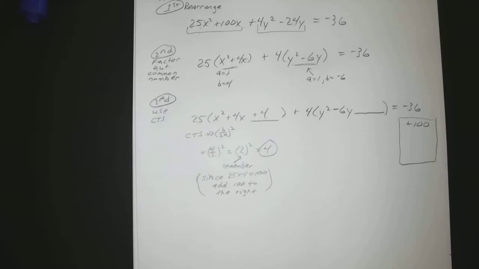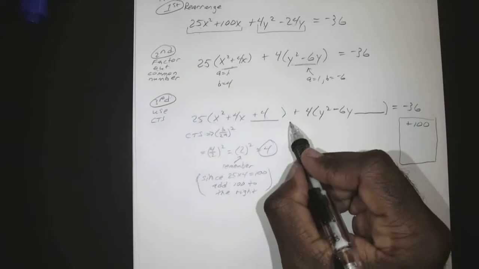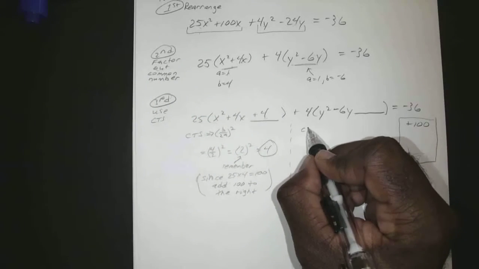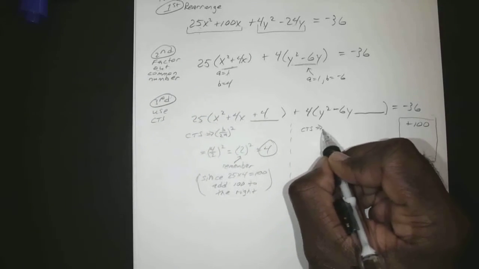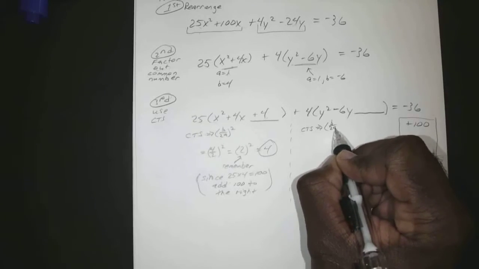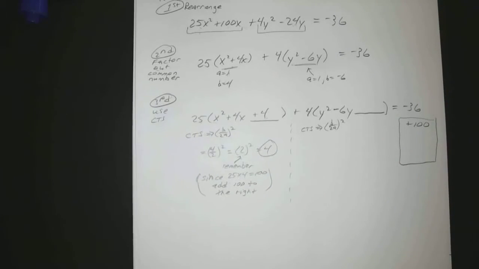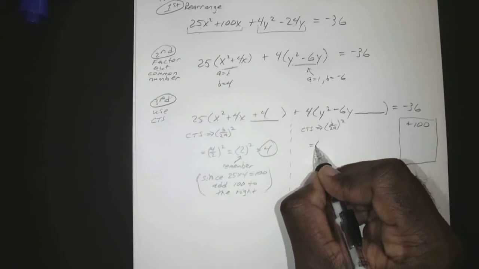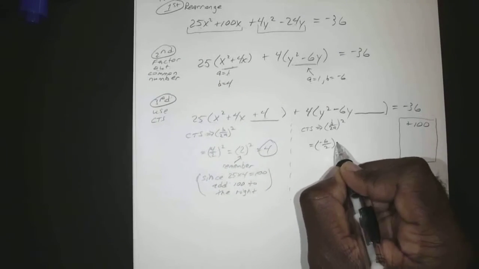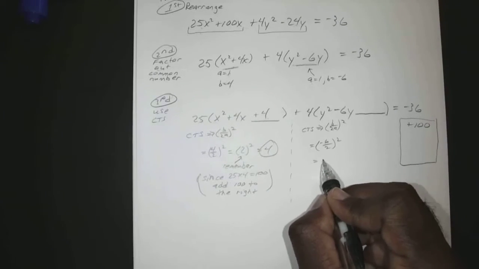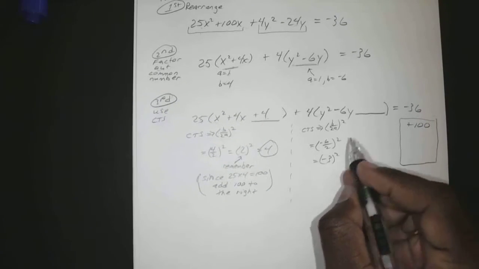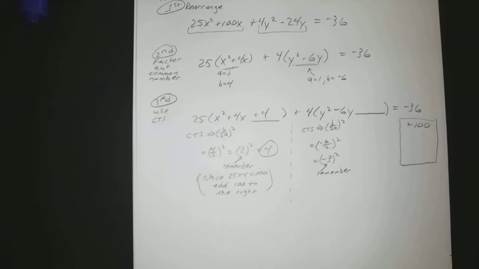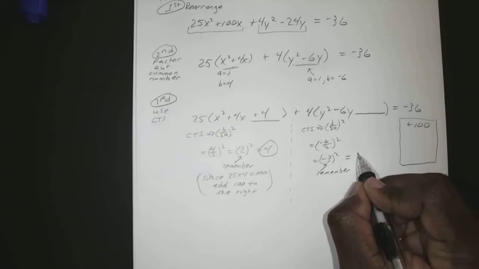Okay. And we do the same thing with the y terms. So our completing the square, remember that's b divided by 2a squared. Here our b is negative 6, our a is 1. So that's negative 6 divided by 2 squared, which is negative 3 squared. And you want to remember that value, which is 9.